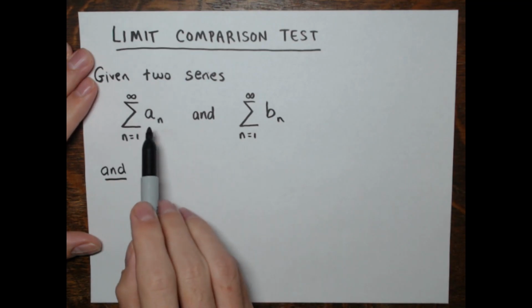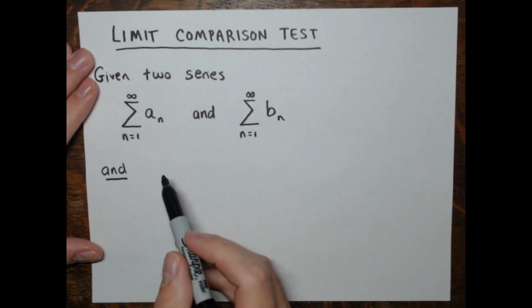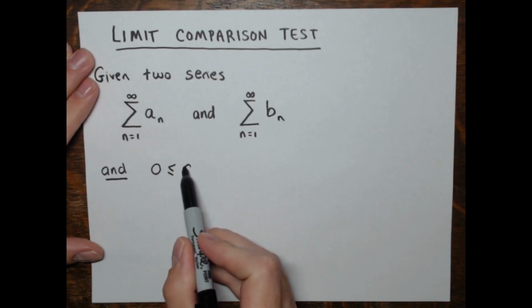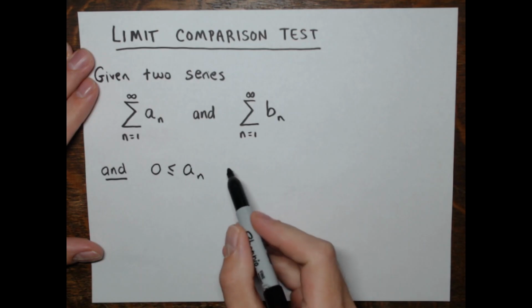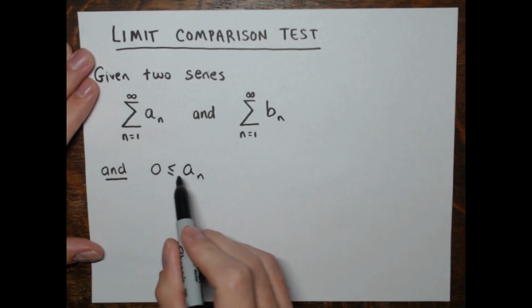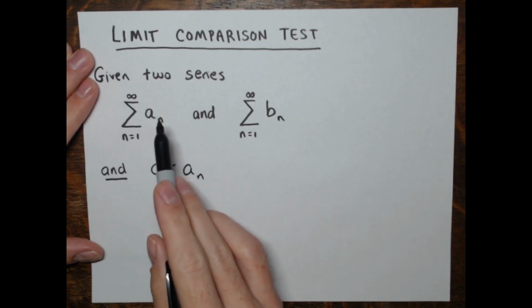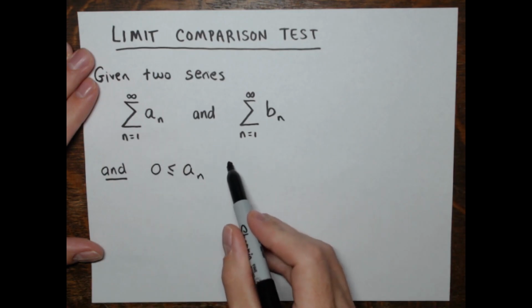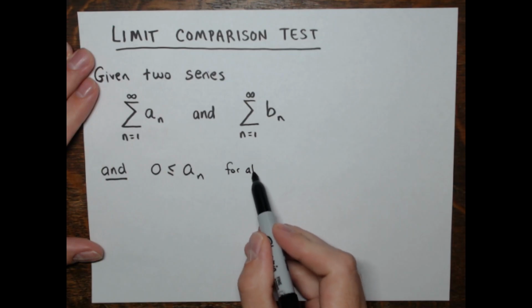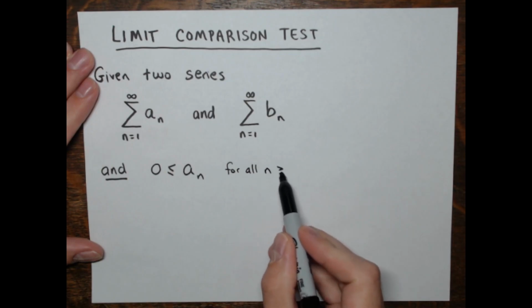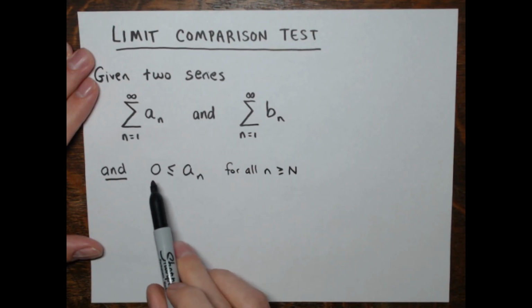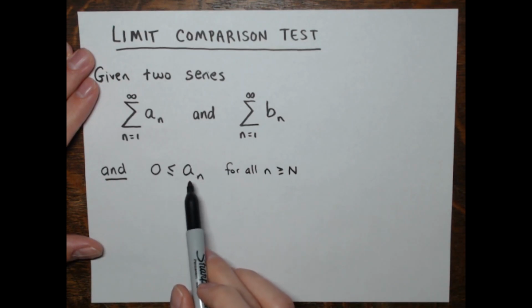And like I mentioned earlier, these two series have terms that are non-negative, right? So all the terms of this series are non-negative, for all little n greater than or equal to some capital N, right? So eventually, again, like I said earlier, eventually non-negative.